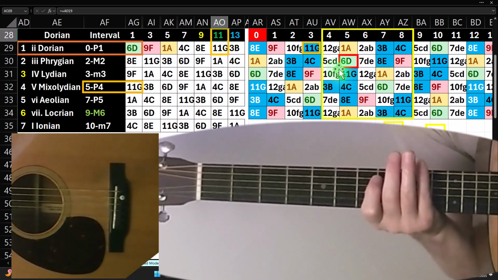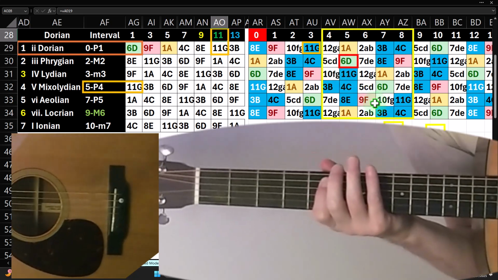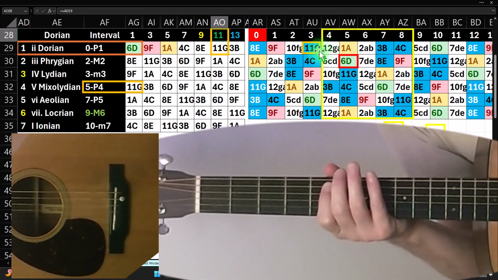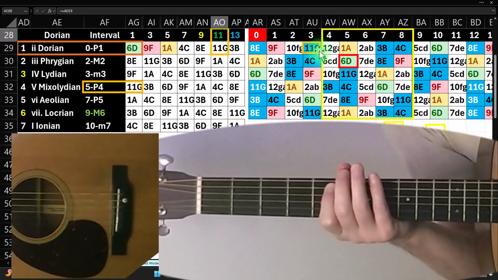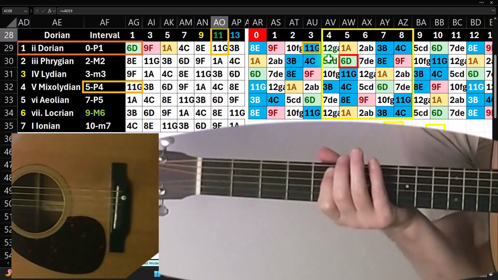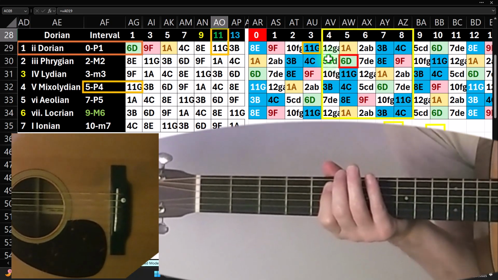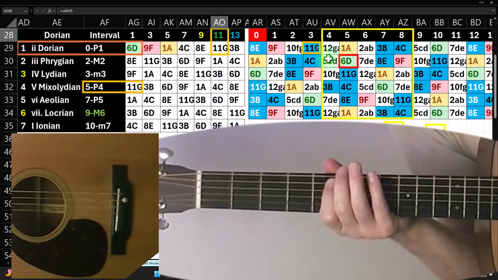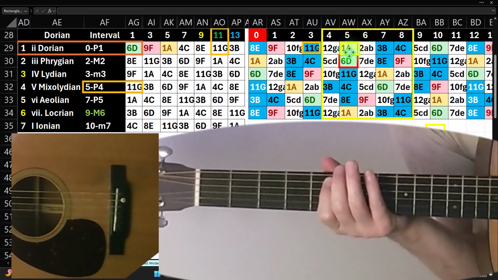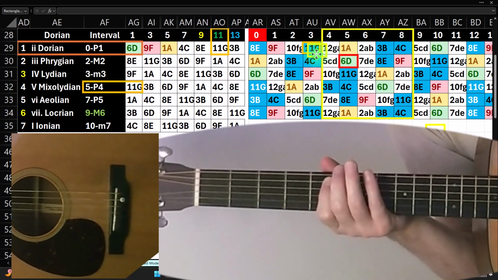All right. So I'm on this D, and we're going to go up. Now, if I go up to the string above it, we have to look for the inverse distance. So if this is going to be a 5-note away perfect fourth, 12 minus 5 is 7. So I need to look for the inverse distance. So it's going to be 5, 6, 7.